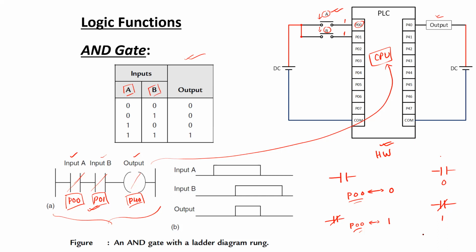Now, similarly for the output as well, if the output is getting a complete path, then the bit at the output should have a transition from 0 to 1.